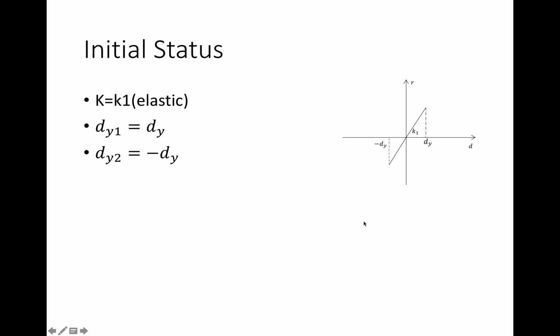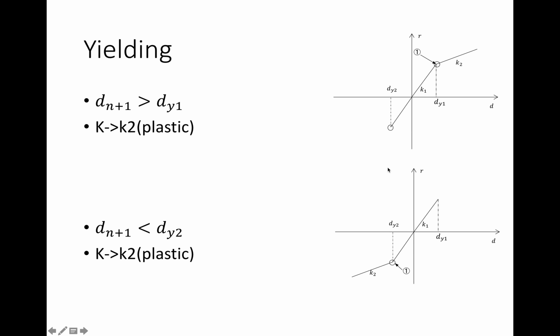Initially, before any loading happens, the structure will be in the elastic status, and the displacement should be 0, and the elastic domain limits dy1 and dy2 will be dy and minus dy, like this.